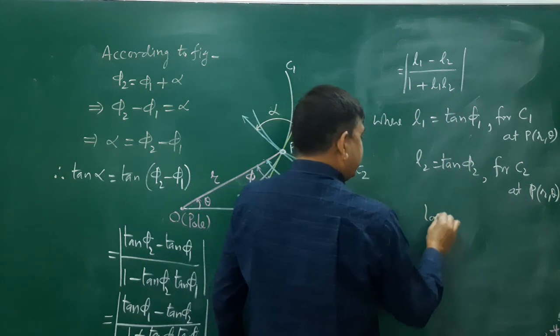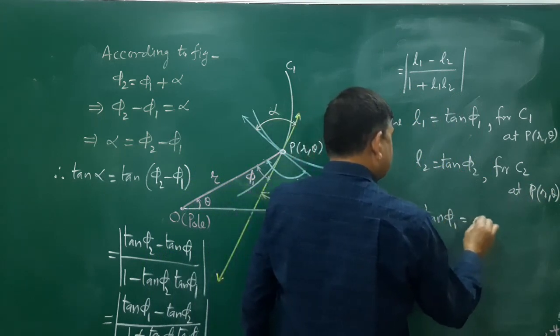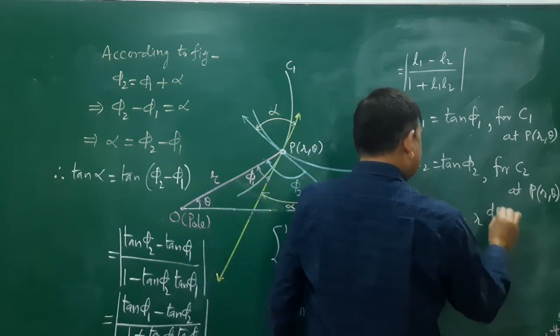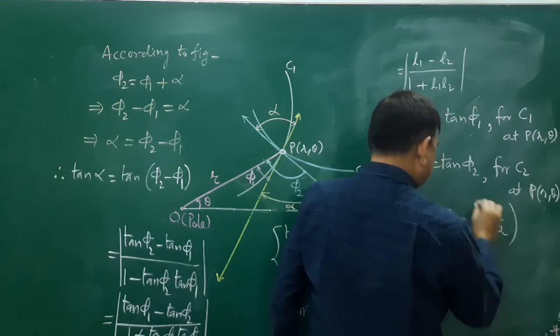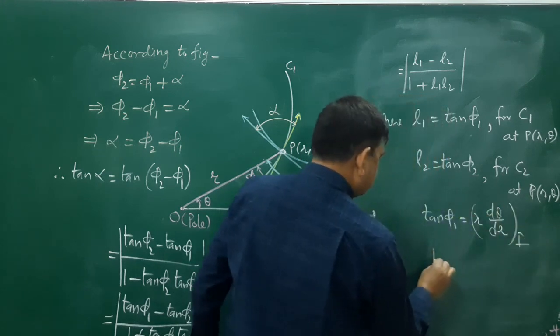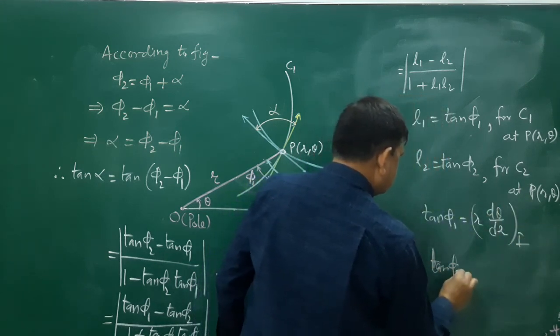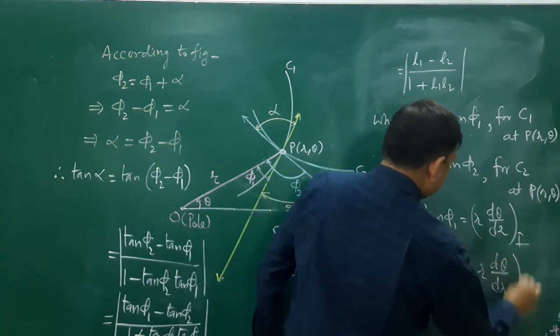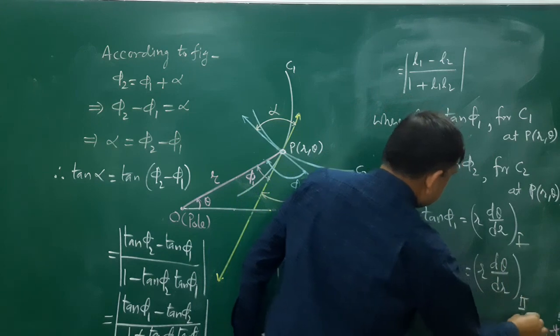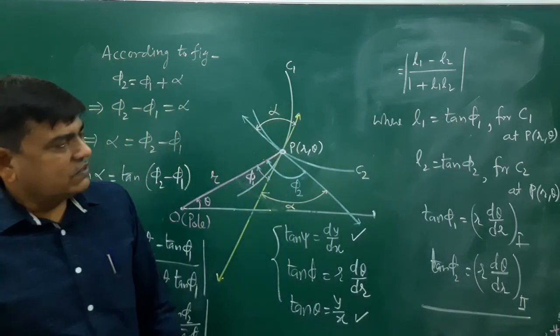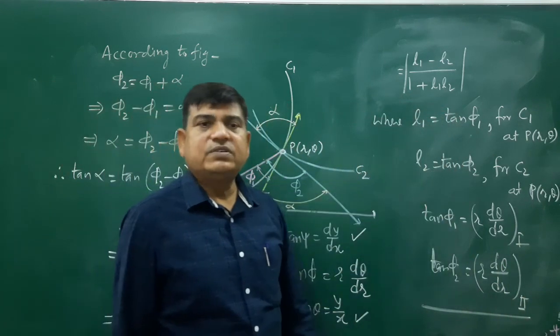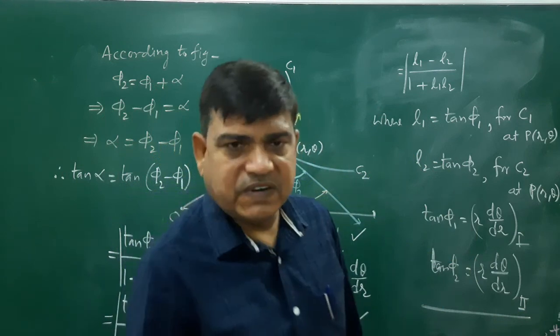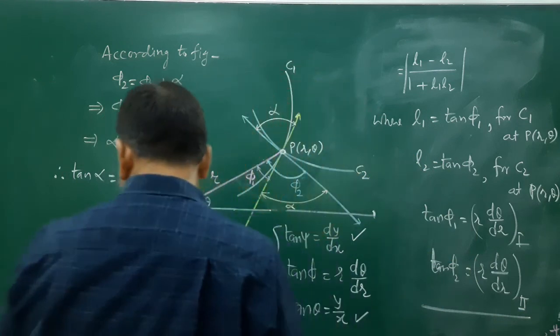Okay, and what is tan phi 1? Tan phi 1 is r d theta by dr for the first curve, and tan phi 2 is r d theta by dr for the second curve. Okay, so this is the way to remember the formula. Now we consider one example on this and simplify.